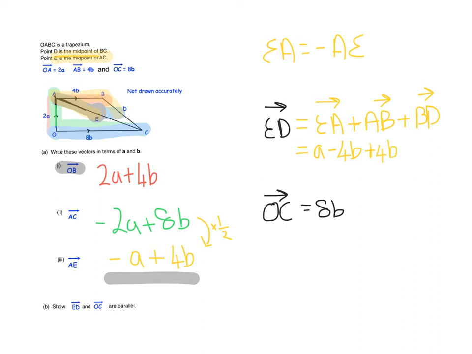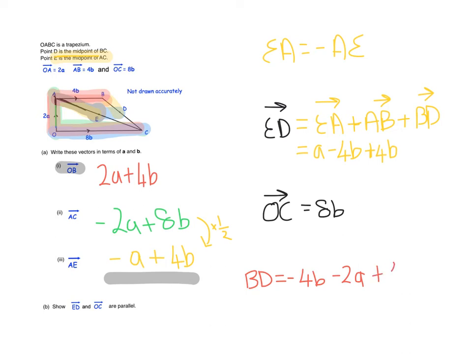Now I want to look at B to D. B to D I'm going to need to do a bit more working for. So I'm going to do my working for B to D down here for now. So B to D, I'm going minus 4B minus 2A plus 8B.